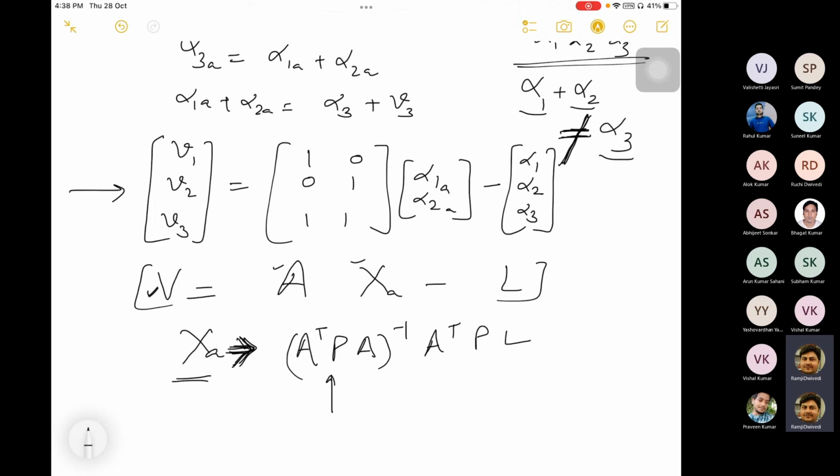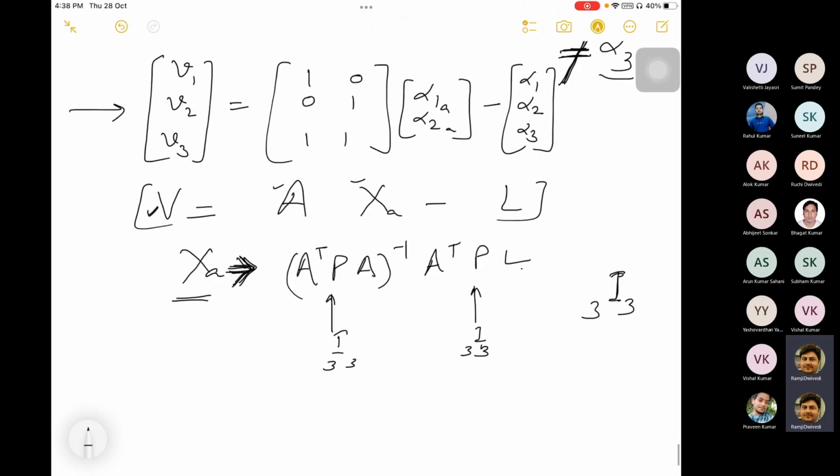P is not given, so you take it as an identity matrix of definite size, which is 3 cross 3, because you have taken all observations, so you have to consider the weight matrix of all observations, which you consider as identity because no information is given.